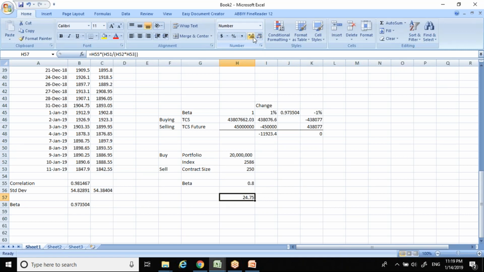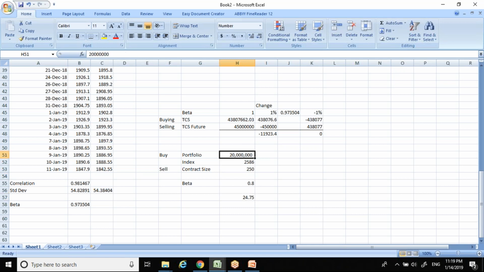Now you cannot get 24.75. So you need to increase or reduce the numbers. So you may have to reduce or increase the numbers here. If you reduce your portfolio a little bit, you can get the number, or you can increase the portfolio and increase the numbers here.